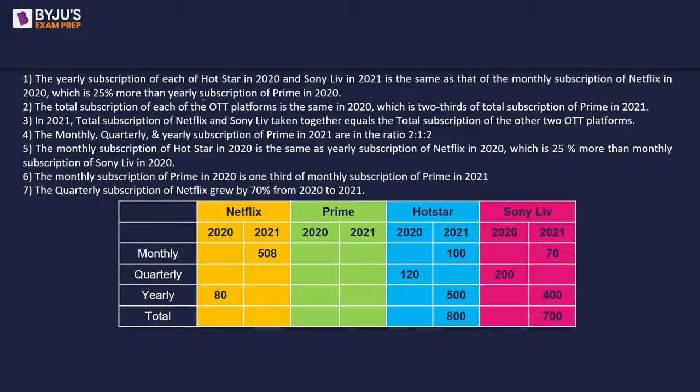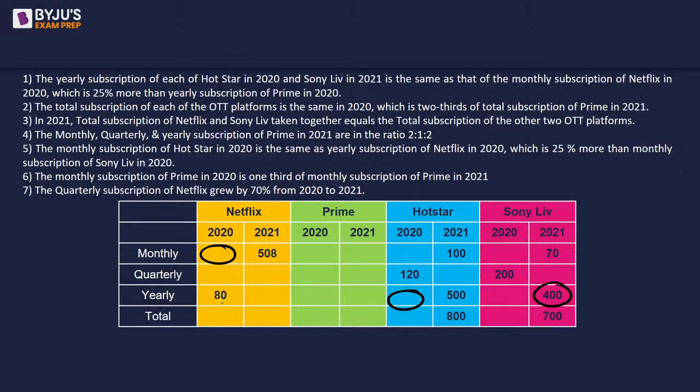The yearly subscription of each of Hotstar and Sony Live. Hotstar in 2020 and Sony Live in 2021 is same as that of the monthly subscription of Netflix in 2020.